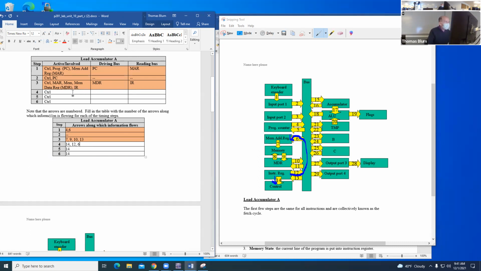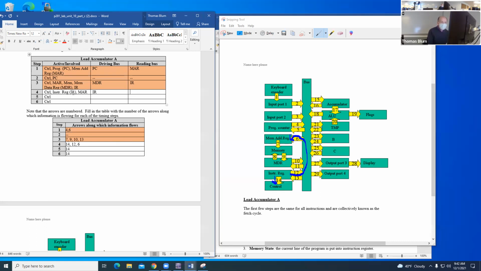And then who was involved? The instruction register. Write it out. Instruction register, or IR. And memory address register. Sorry, I said it was MA. And who's putting their information on the bus? The instruction register.